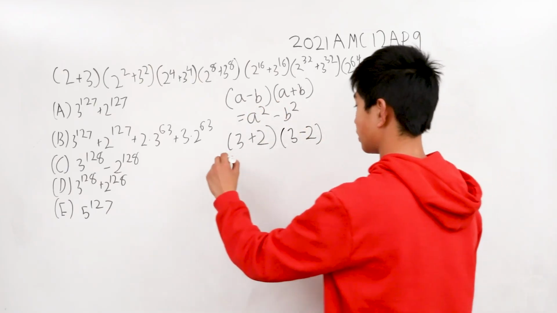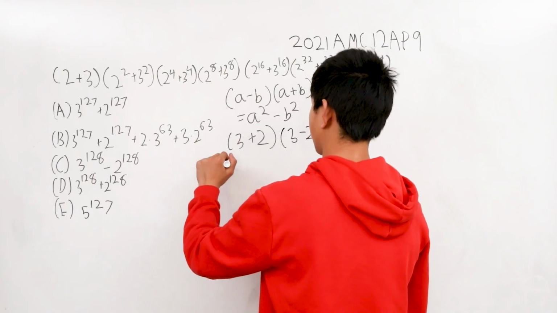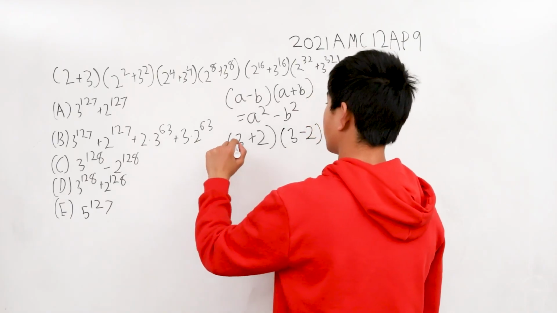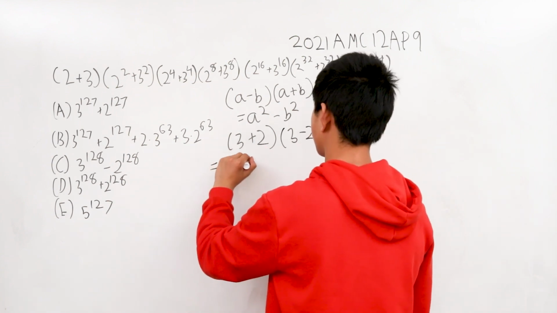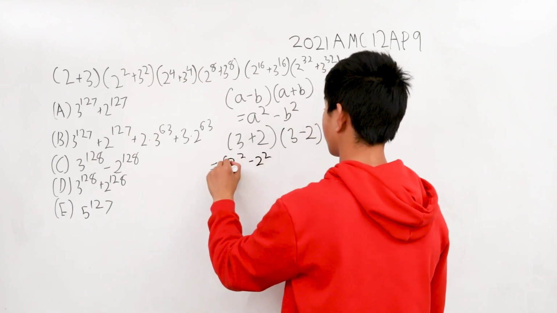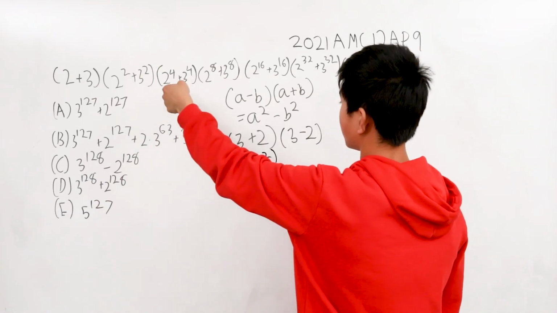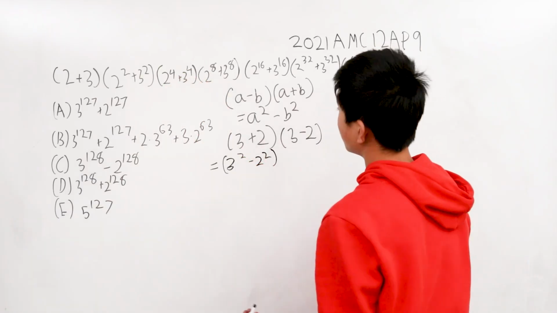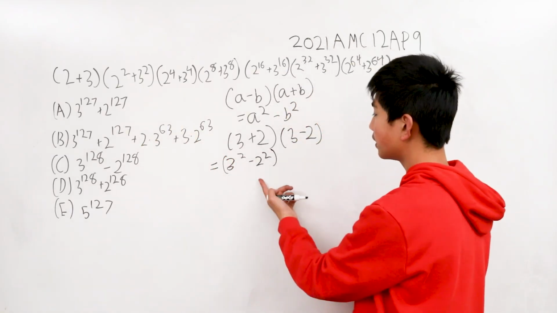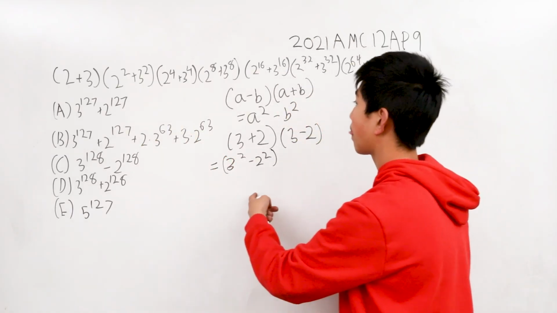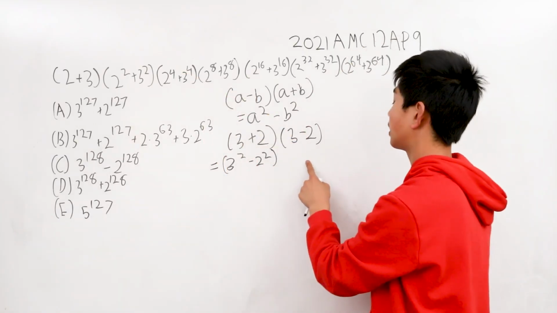So this will evidently be equal to 3 squared minus 2 squared. And since you can rewrite all these expressions backwards, like this one, 3 squared minus 2 squared, you have this expression when you multiply the first thing by 3 minus 2.